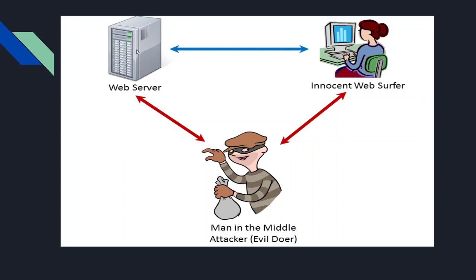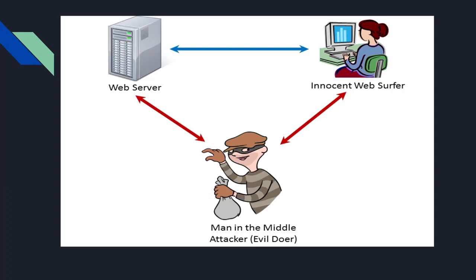Whatever response I get from the web server will first pass to my Kali machine, and next my Kali machine will forward it to the innocent web browser. So the web browser will think that it is communicating directly with the internet, but I am intercepting their connections.